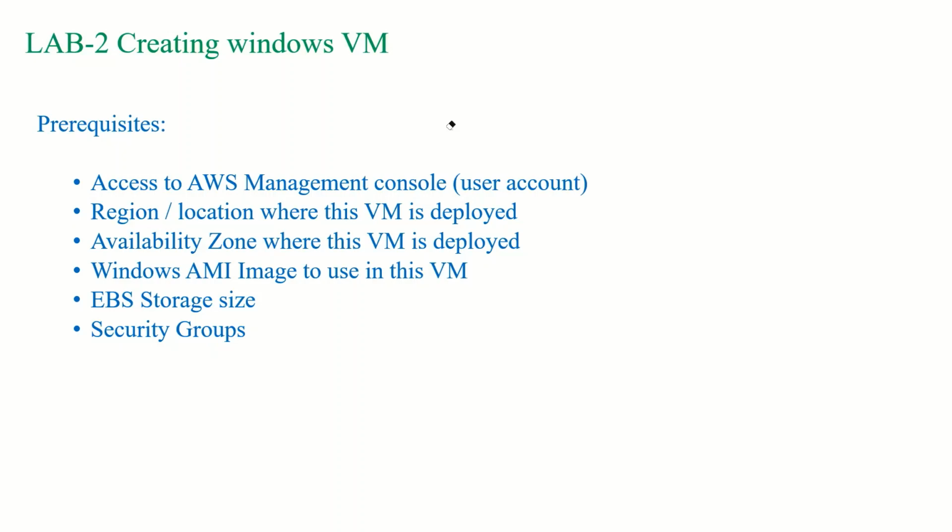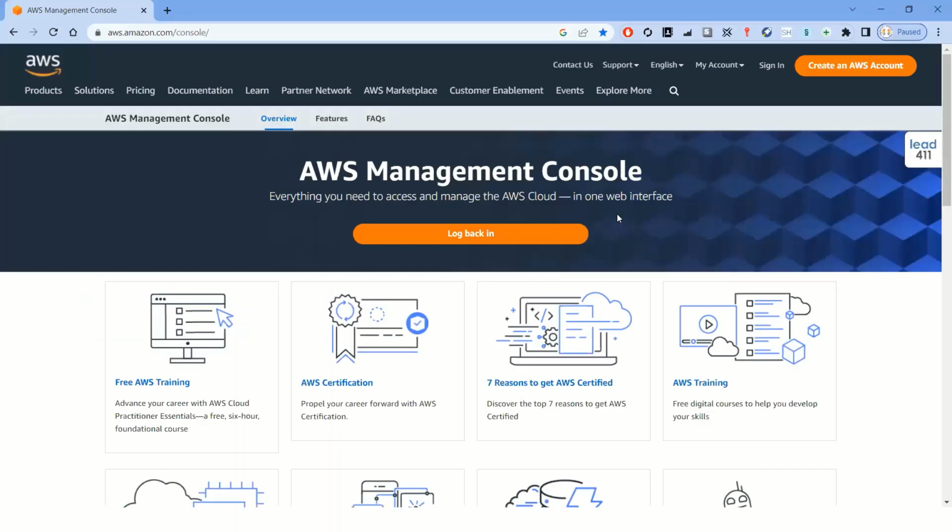Let me take you quickly into the AWS Management Console. Please let me know if you're able to see my screen. I just opened my Google Chrome. Do you see aws.amazon.com/console?